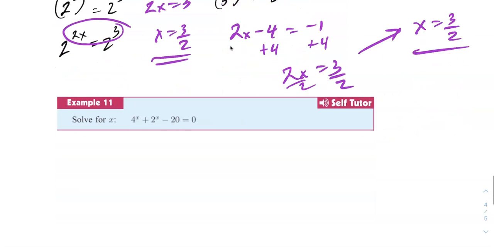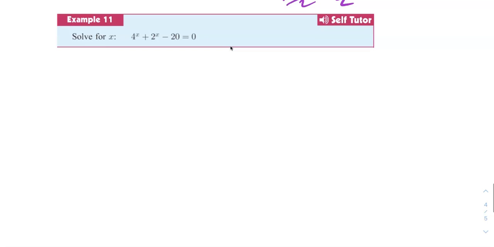So there we go. Next one, we have to perfect some of our rules from a couple sections ago. 4^x plus 2^x minus 20 equals 0. So how do we solve this? Well, it's set equal to 0. It's kind of in quadratic form. So we want to factor here. And how we factor, we have to rewrite this. I can rewrite 4^x as 2 squared to the x, plus 2^x minus 20.